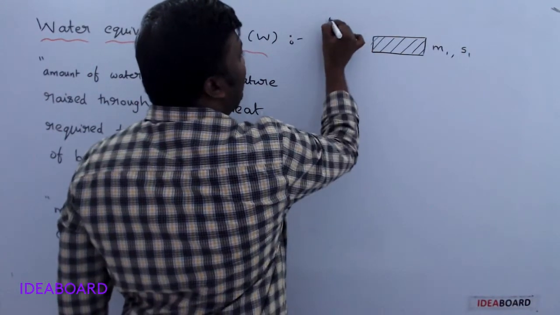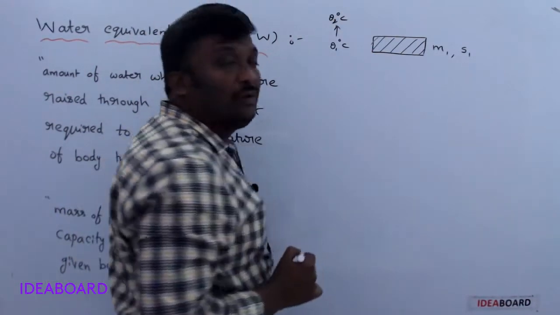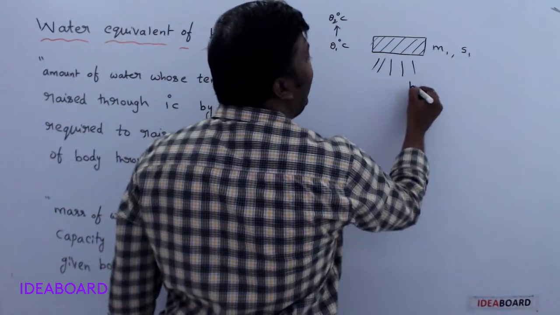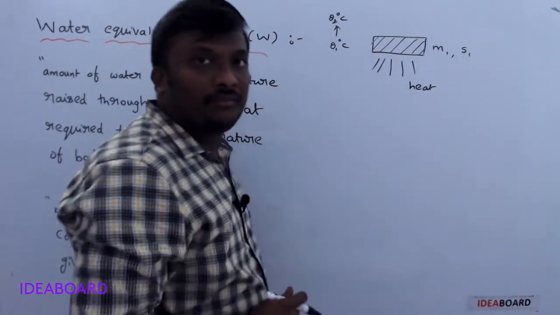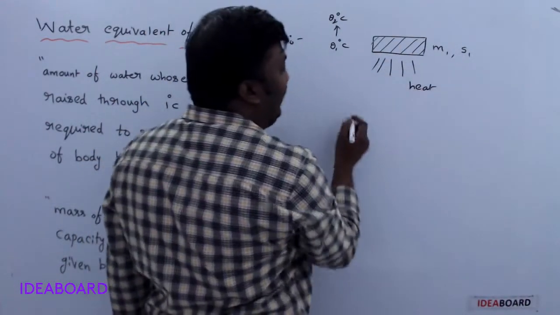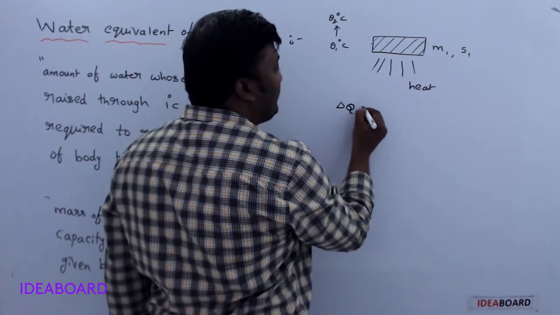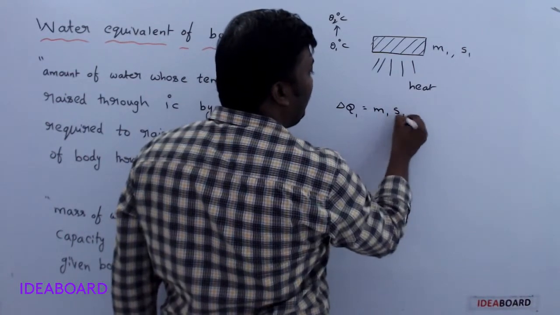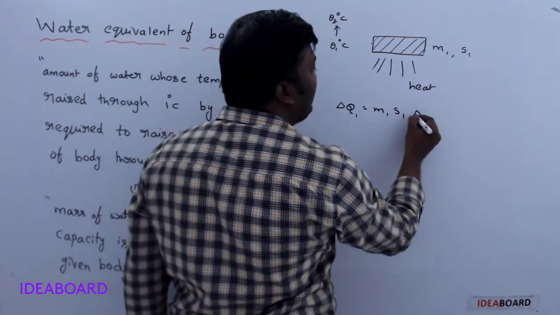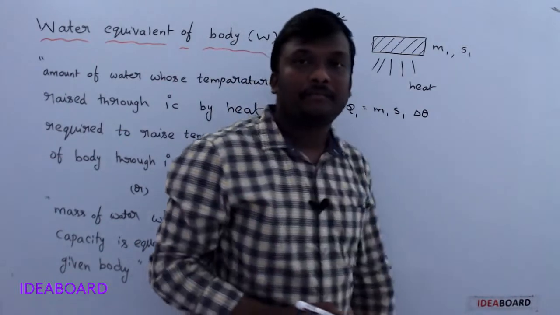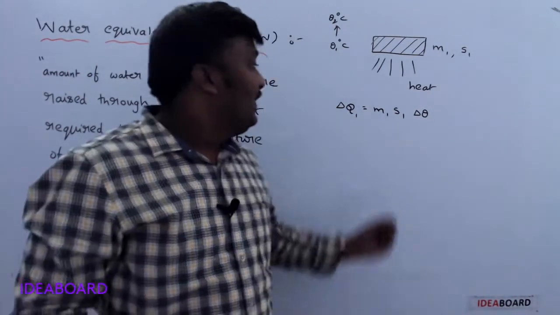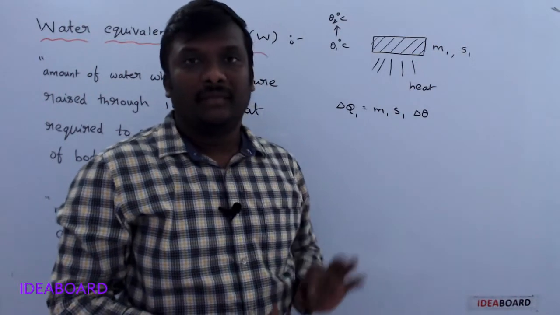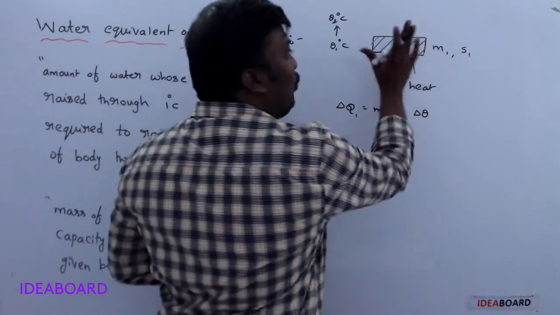Now this temperature rises to theta 2 degree Celsius by supplying a certain amount of heat to the substance. So how much heat is supplied? Delta Q1 is equal to m1 S1 delta theta, where the variation in temperature is taken as delta theta. Clear now? So this is one type of body.